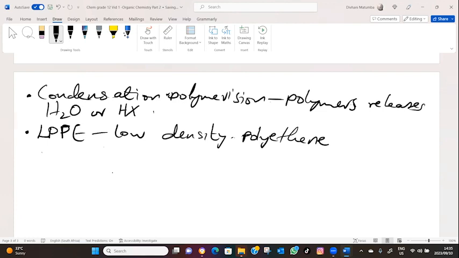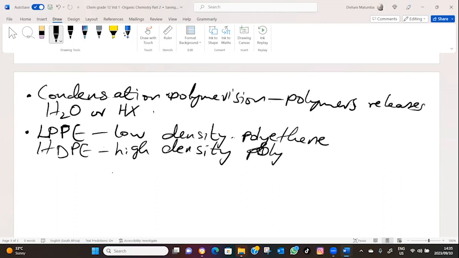So now there's also HDPE, which is high density polyethylene.